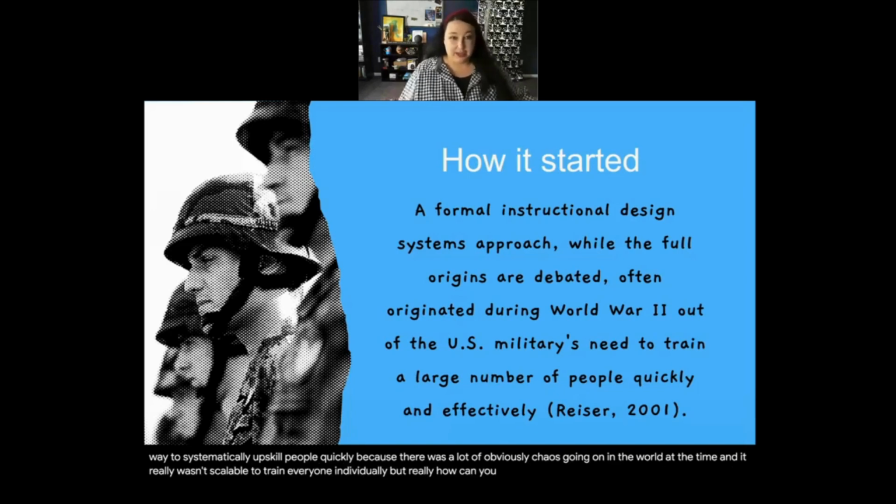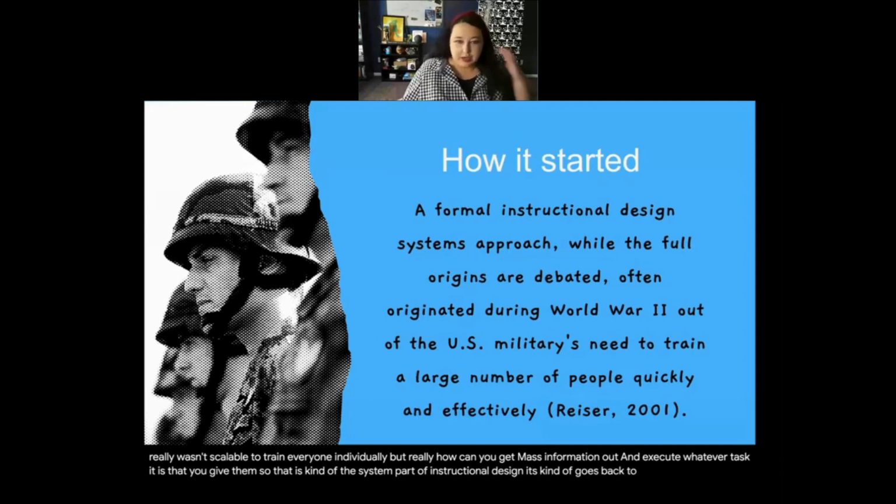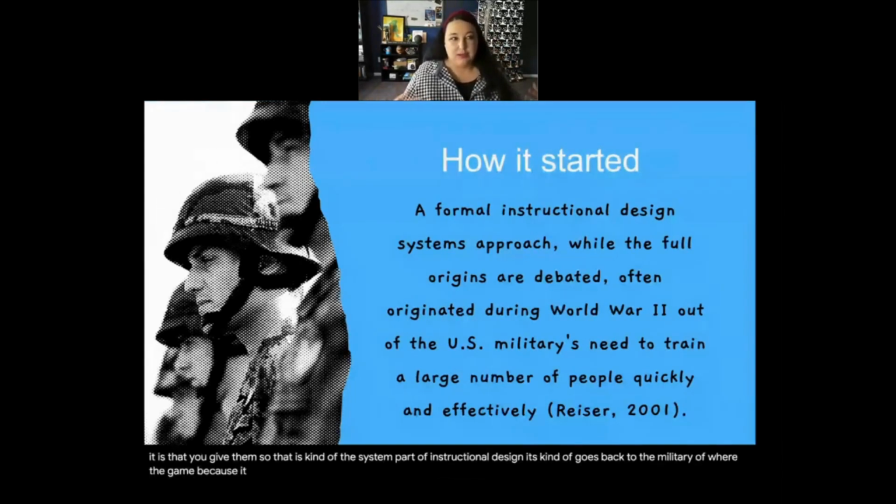But how can you get mass information out and have people ready to execute whatever task it is that you give them? So that is the system part of instructional design. It goes back to the military, where it began, because it really was something that they had to focus on.